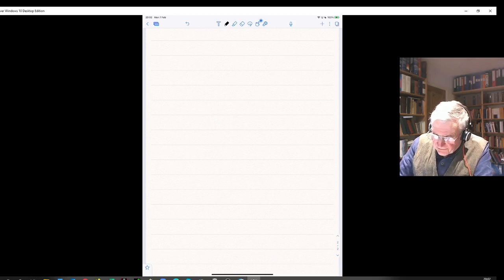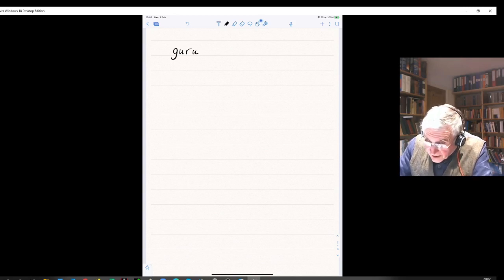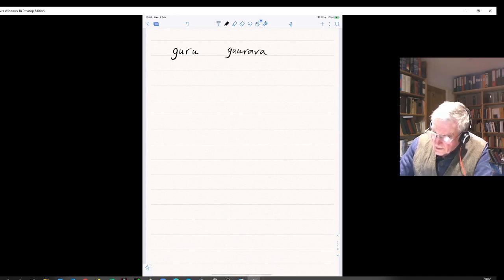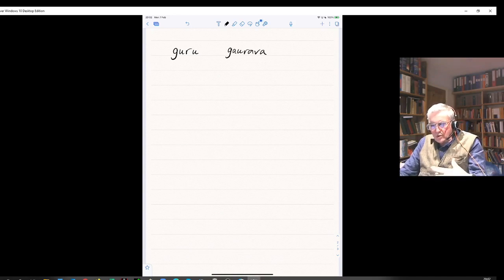By vriddhi derivatives, guru, heavy, you can make an abstract noun out of that by doing vriddhi of the u, gau, and the u becomes ava. So guru, gaurava. Gaurava means heaviness, gravis, gravitas.